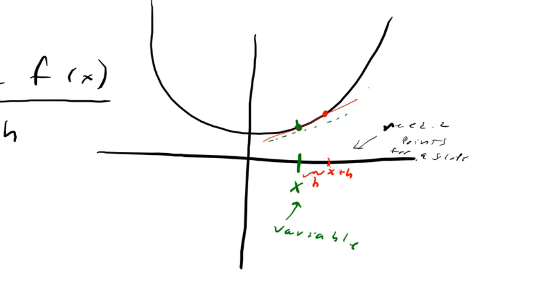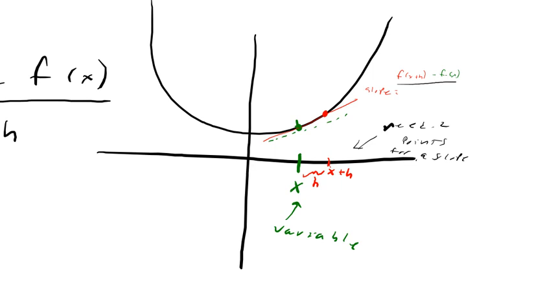The slope of this line is, well, it's our slope formula, y2 minus y1. So f of x plus h, my little second point, the far away point, minus f of x, minus our first point. So that's the change in y.